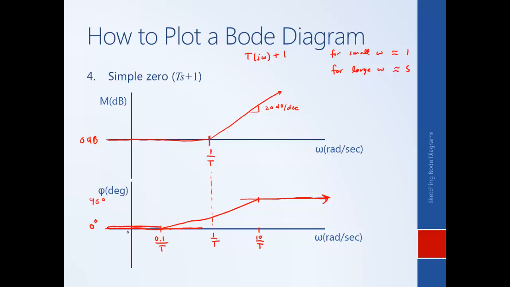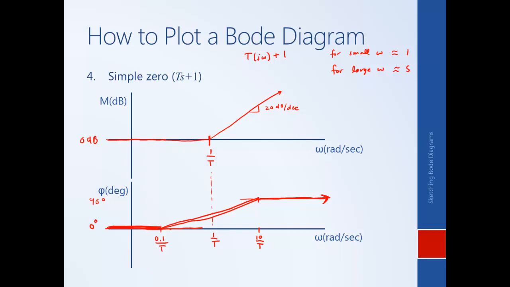So this is maybe not the best drawing, but we're flat, then we go up at an angle, and then we're flat at 90 degrees. So this is our approximation of a Bode plot of a simple zero. In reality, it won't be straight lines like this, it'll be curved. But for a simple, back of the envelope sort of analysis, this is sufficient.